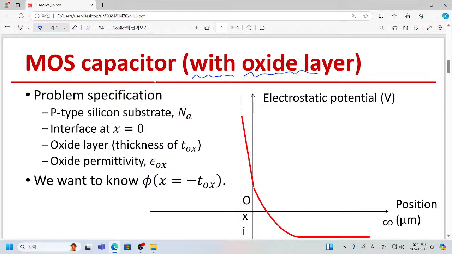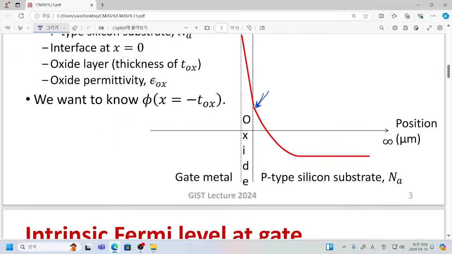In order to make it easy, we intentionally neglected the oxide part in the previous case. When you have a MOS capacitor, you cannot directly control the potential at this interface point. So how can you change the potential directly?